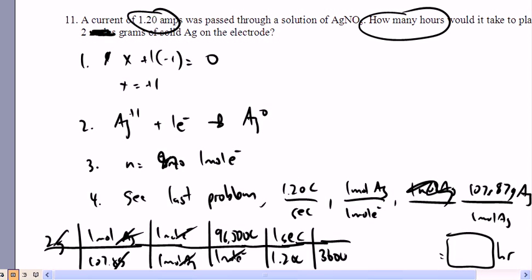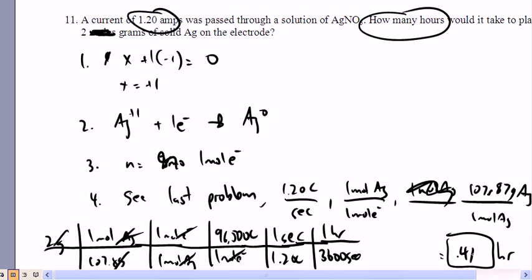And there are 3,600 seconds in every 1 hour. Let's do this out. You should have 2 divided by 107.8, times 96500, divided by 1.2, divided by 3600. So you should get 0.41 hours.